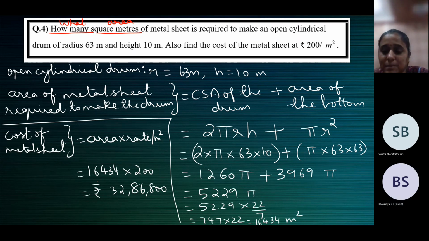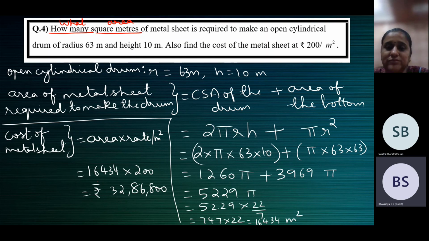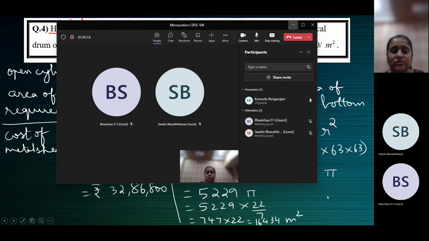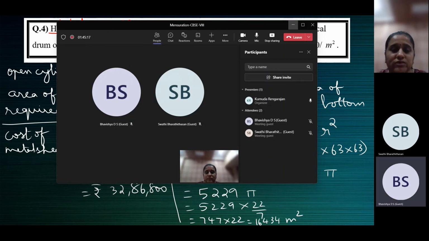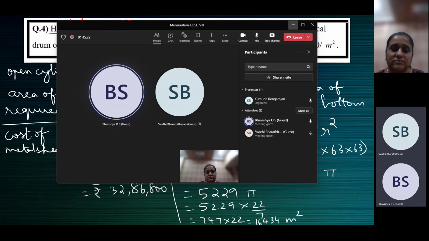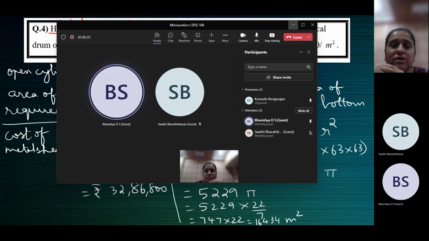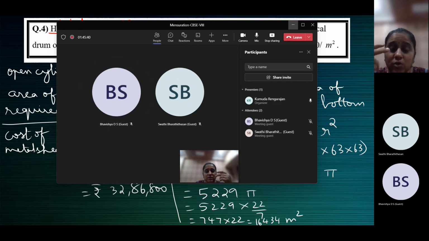Is it understood, children? Yes, ma'am. All right, I think you all enjoyed these 4 questions. It was a good recap of the important concepts in this chapter. Now the situation of a hollow cylinder and that road roller are clear to you, because these are very important situations in mensuration: a hollow cylinder, a road roller to find the area of the road, and how much metal sheet is to be purchased.